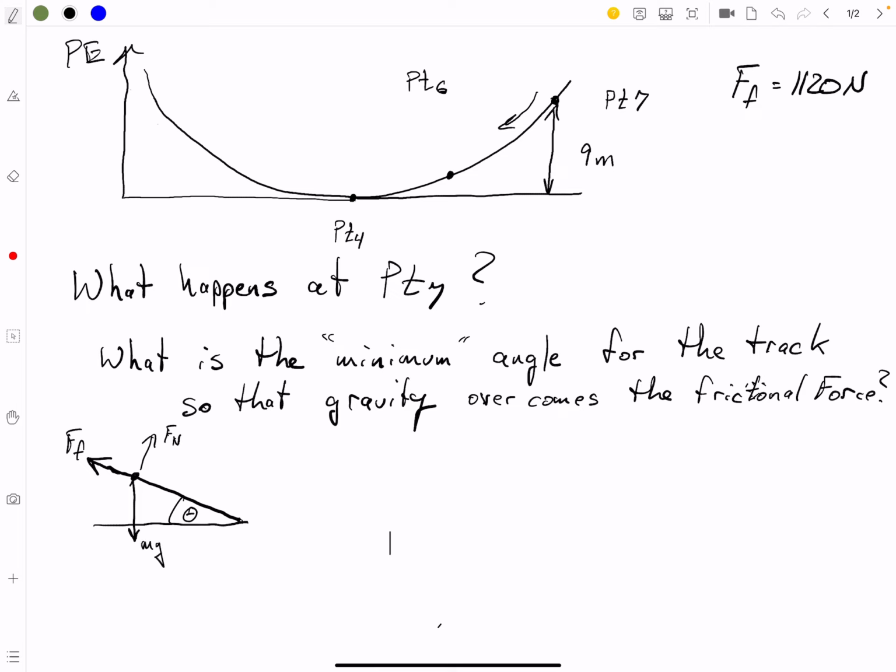And then we can break mg up into its components. And then, of course, that's theta.